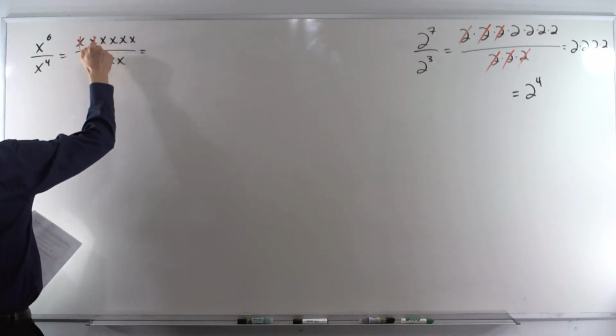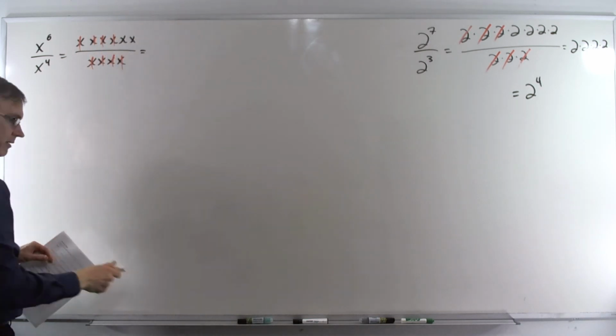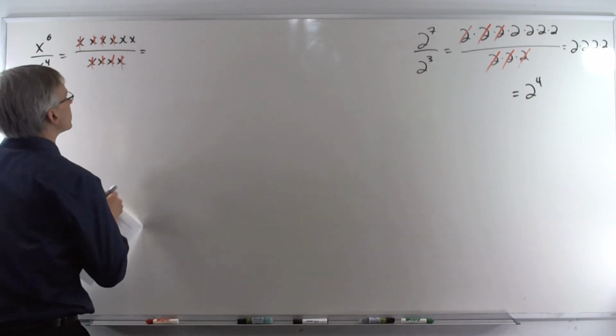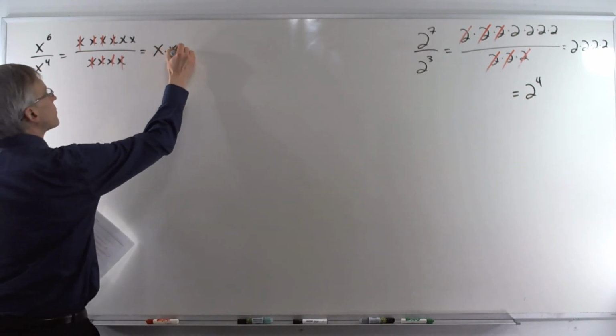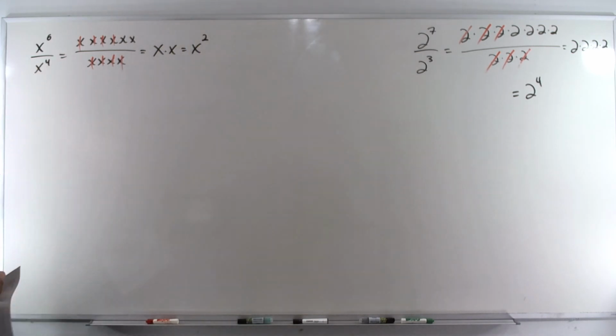Cancel, cancel, cancel, cancel. All those cancel, 4 on top, 4 on the bottom. That leaves us with 2 x's. And as an exponent, that is x squared.